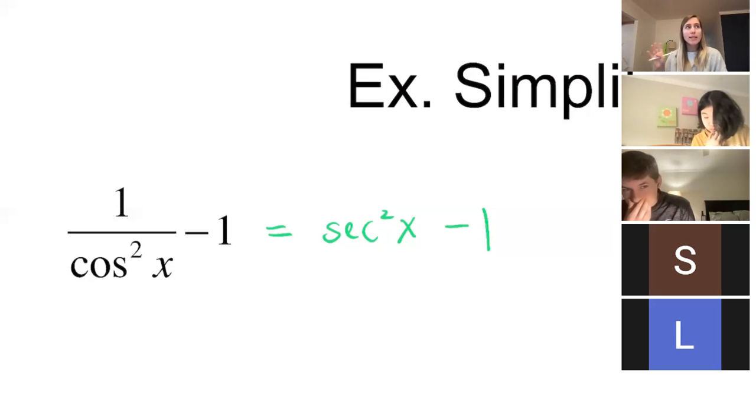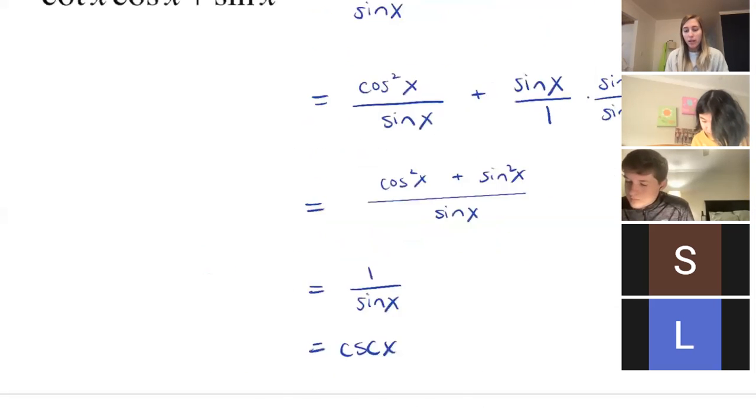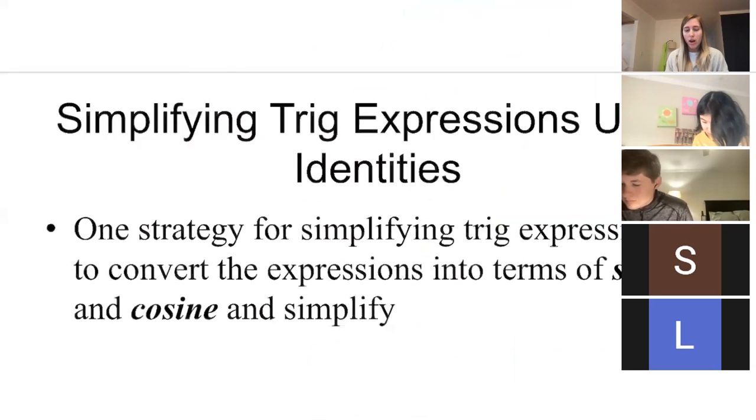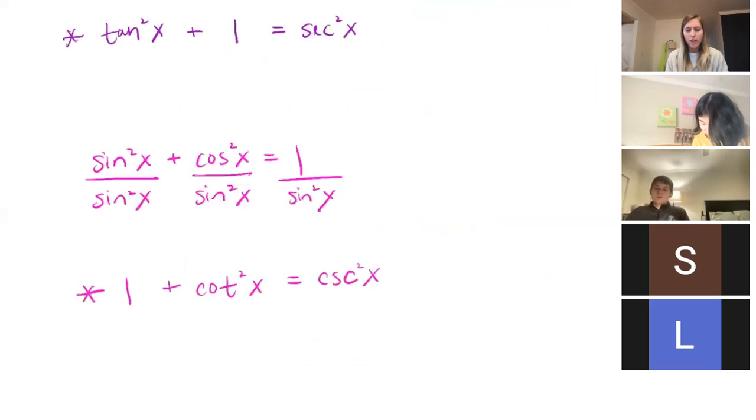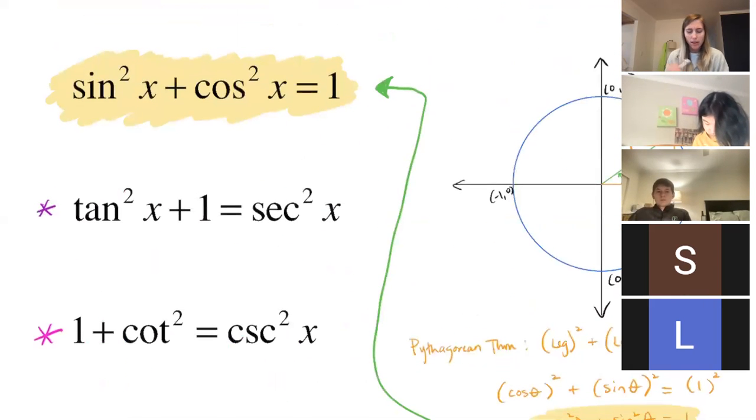So, secant squared minus 1. We have an identity that has a 1 and a secant squared in it. If we go back up to our handy dandy Pythagorean identities, remember how I said that for the fundamental identities, we're allowed to think about using properties of equality to manipulate them?